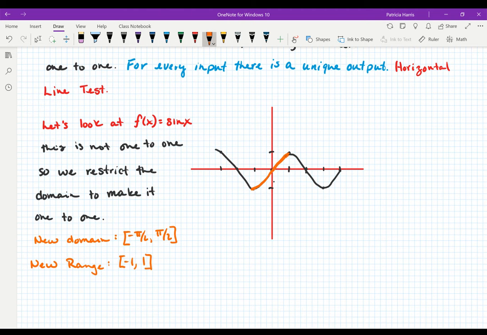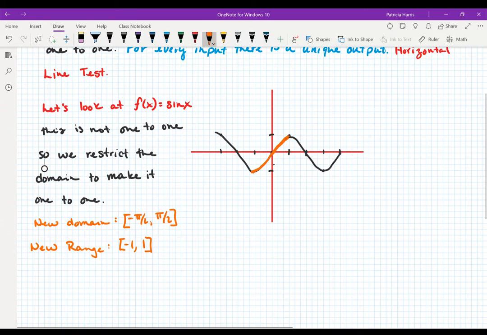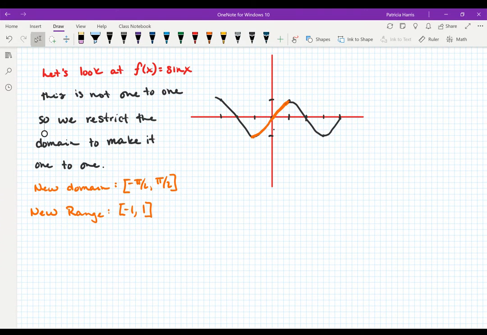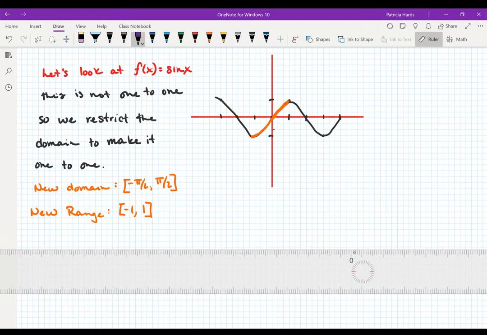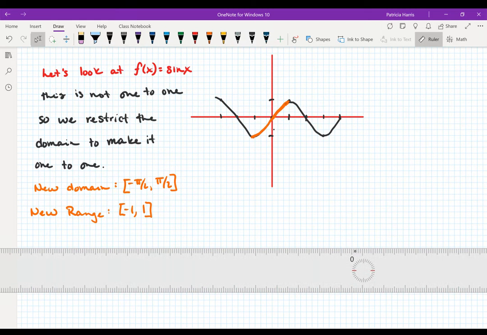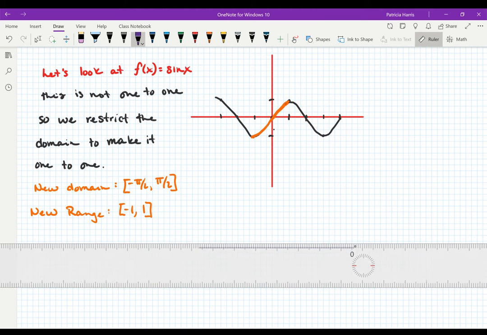So if I restrict that, I can find an inverse function. When we find the inverse function, we switch the x and the y. And when we do that, we wind up with a graph that looks like this.